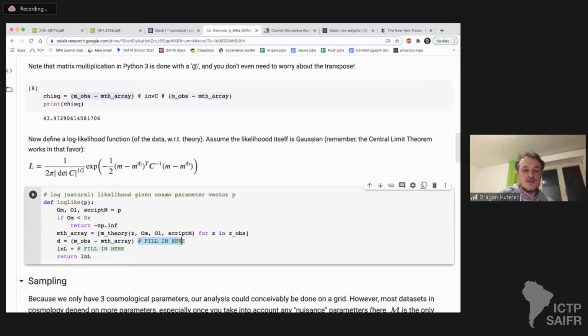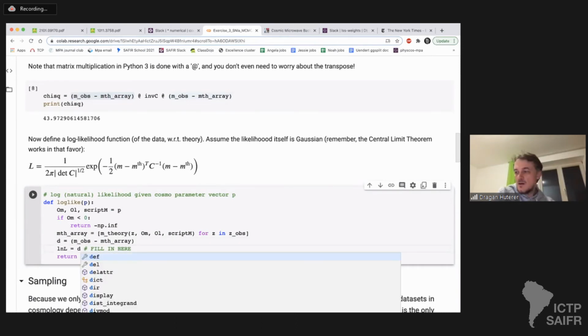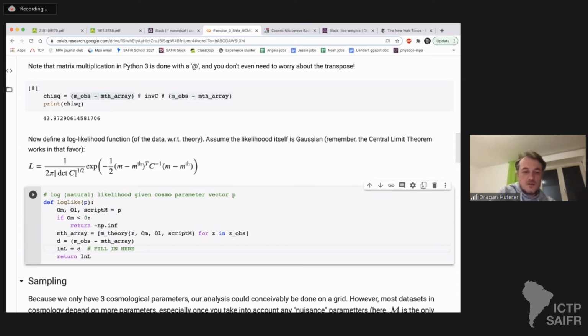I'm just creating this combination to make my life simpler, because in the likelihood I can say d, then this at inverse c, at d, and I don't even have to worry about transpose as usual. So the same thing I did here, except I just like clarity. So I define this as d.